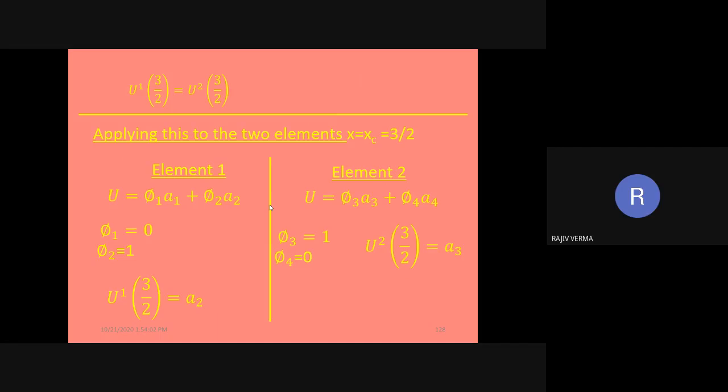Since u1 at 3 by 2 and u2 at 3 by 2 are supposed to be equal, this gives us a constraint equation given by a2 is equal to a3. So, this is the enforcement of the continuity condition at a point where two elements are in contact.